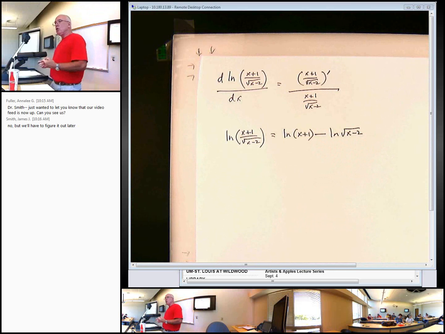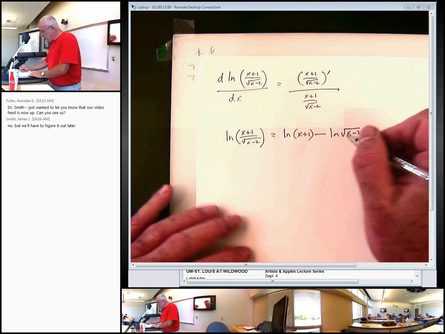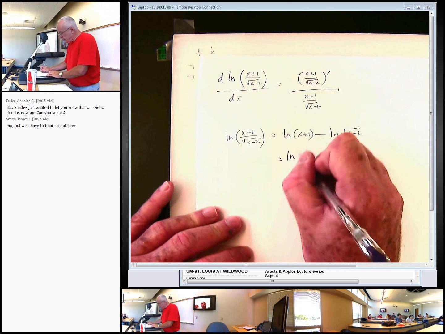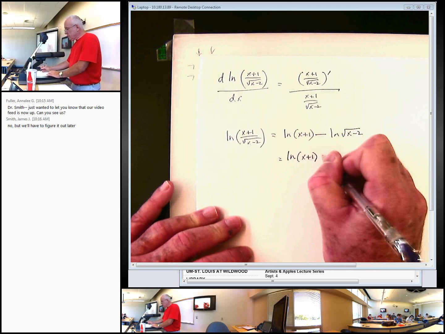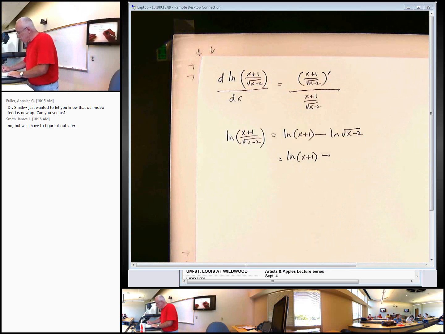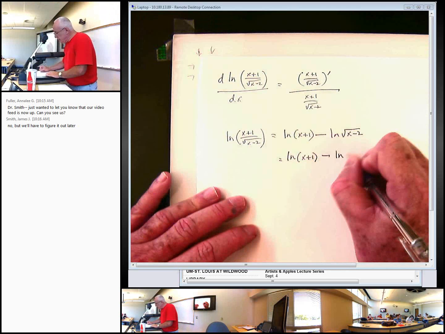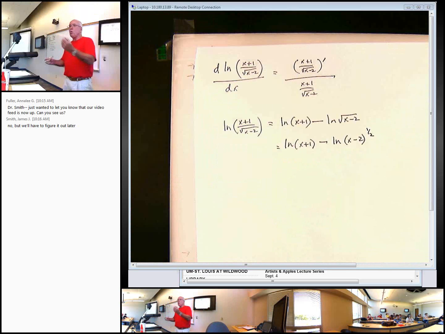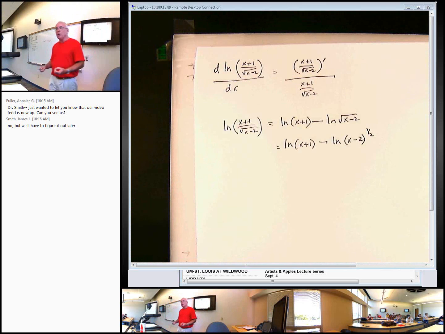And I can even go one further step here. This is the natural log of x plus 1 minus, now it's the natural log of the square root of x minus 2. So this is really the natural log of x minus 2 raised to the 1/2 power, because it's the square root.